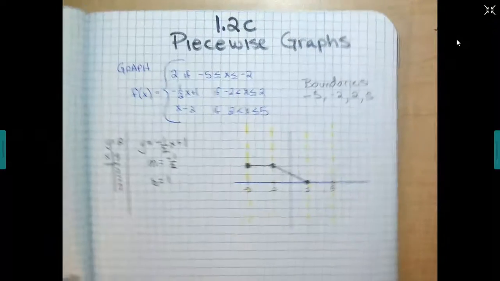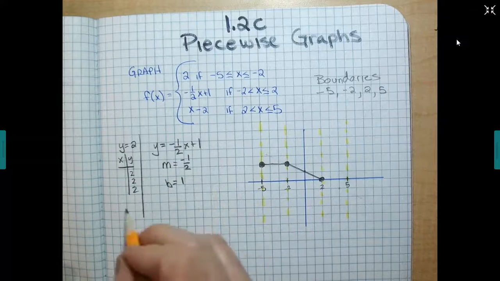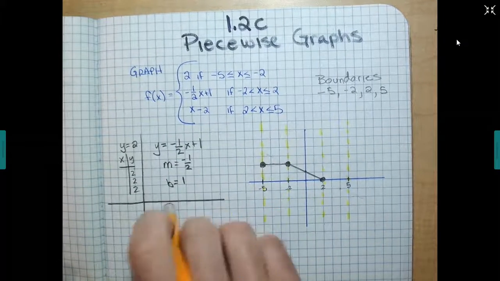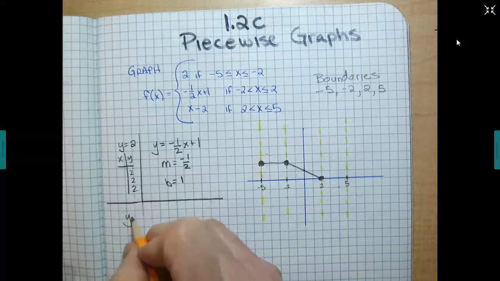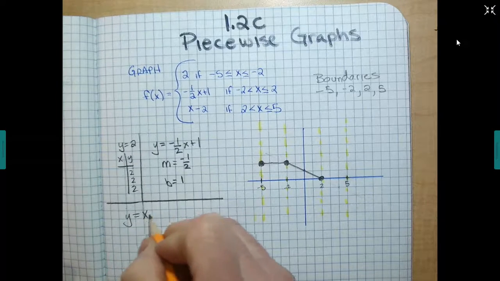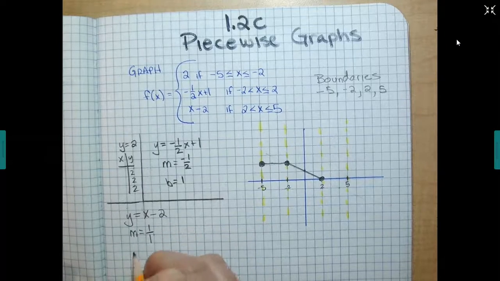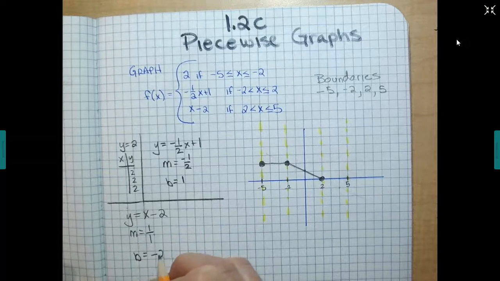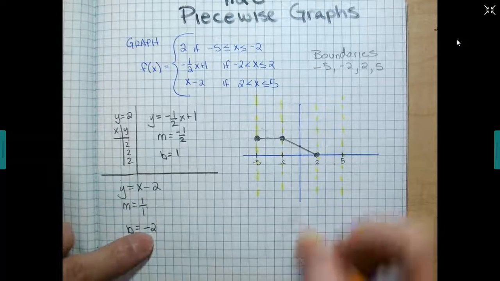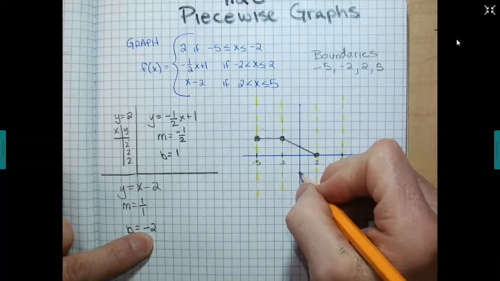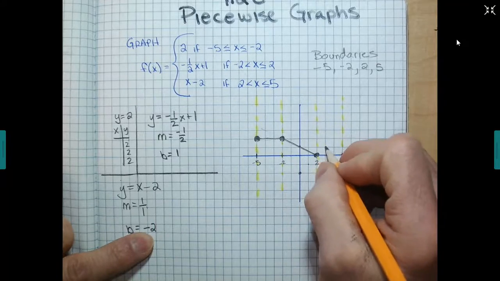And now my third function, y equals x minus 2. So my slope is 1/1, and my y-intercept is -2. Then my slope is 1, 1, 1, 1.